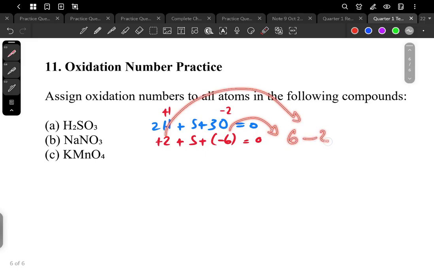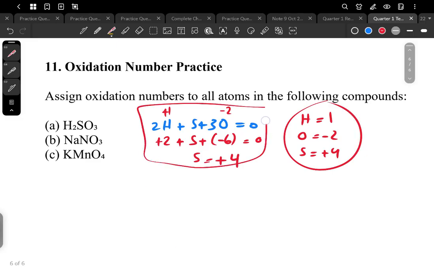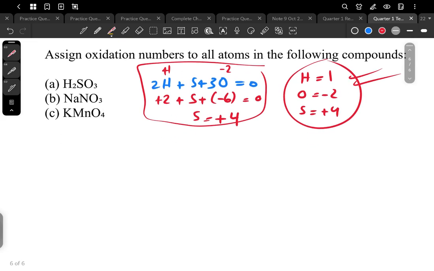Positive 2 is going to be negative 2, so the S is going to be positive 4. Okay, in this case, guys, you should write that hydrogen equals positive 1, oxygen equals negative 2, S equals positive 4. This is the final answer for A. You should write this is the final answer, because the question asks you to assign the oxidation numbers for all atoms. So this is A.